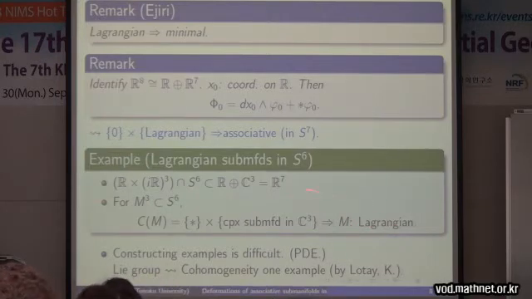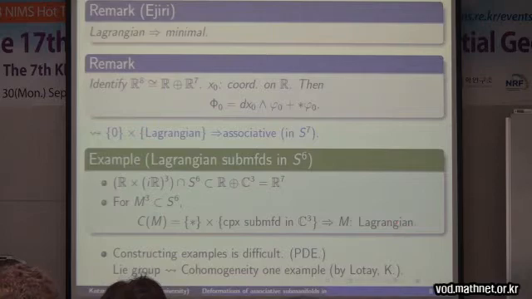So these are examples of Lagrangian submanifolds in S6. As for associative or special Legendrian submanifolds, constructing examples is difficult because these submanifolds are defined by partial differential equations. By using the symmetry of Lie groups, a cohomogeneity one example was constructed by Professor Lotay. And I also constructed examples with a slightly different method, and we obtained examples of Lagrangian submanifolds in S6.